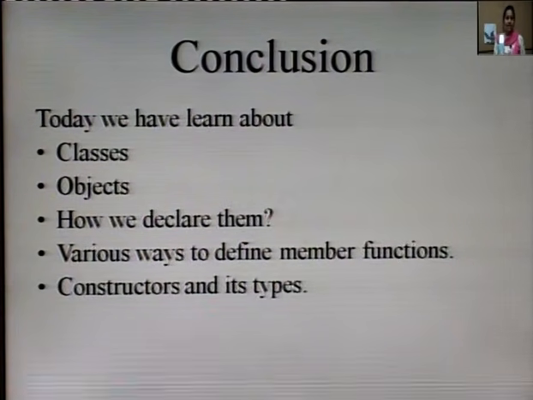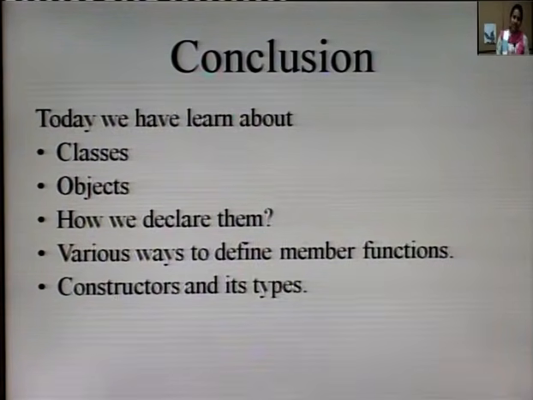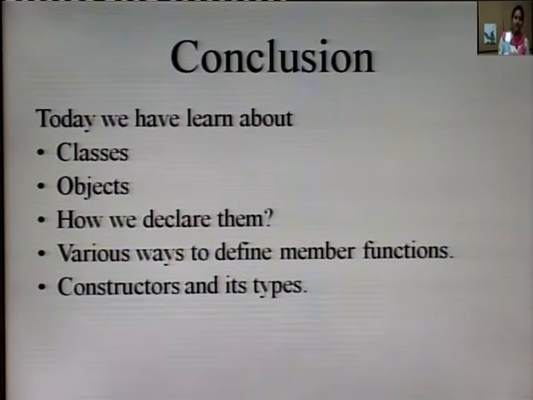So constructor and its types. We have learned that a constructor is automatically invoked whenever an object is created. A constructor is basically used to initialize the data values or assign values to the data members of a class. There are 3 different types of constructor: default constructor, copy constructor and parameterized constructor.